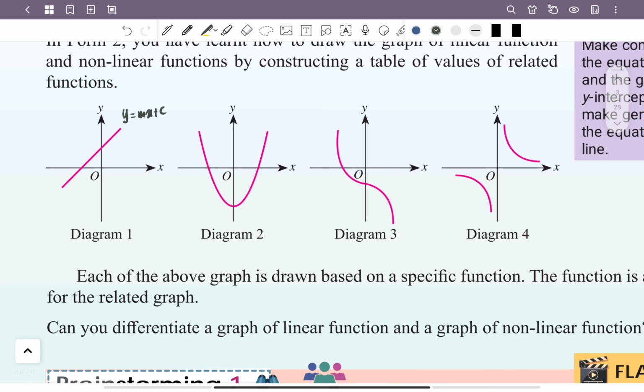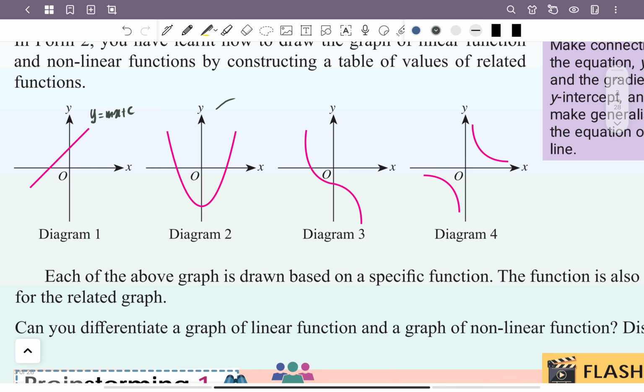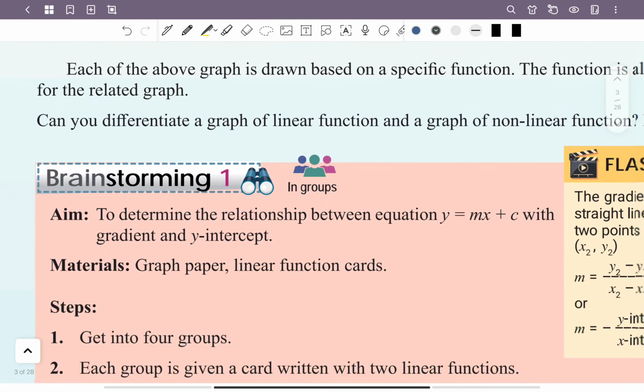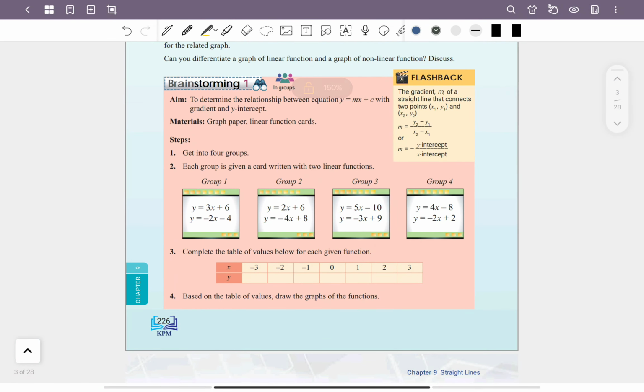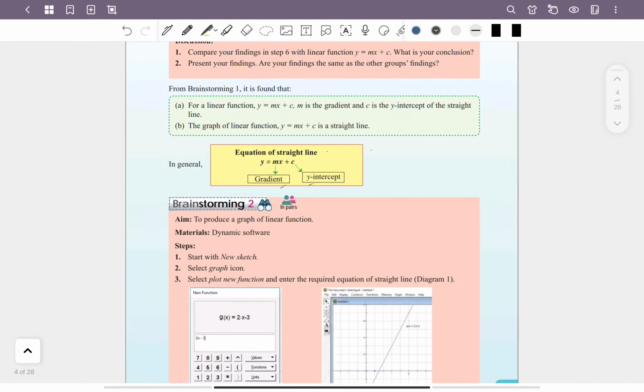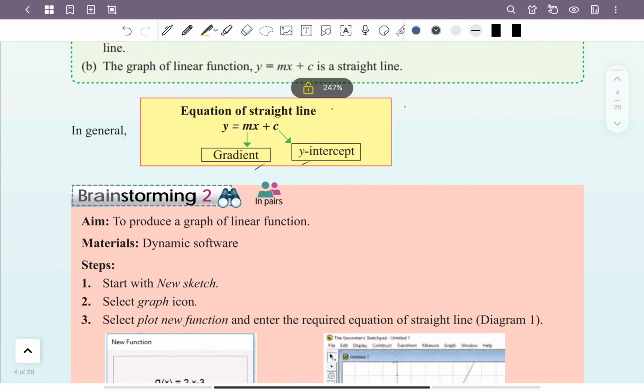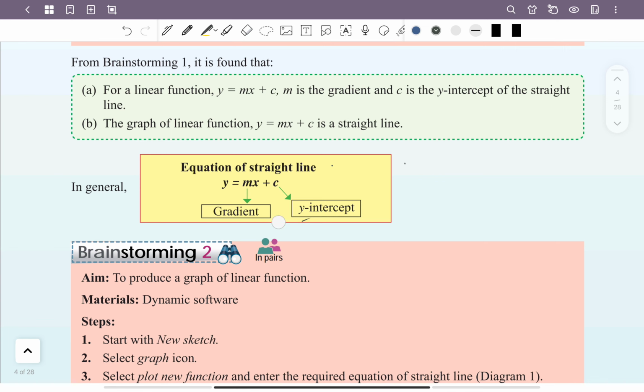This is what we call quadratic, which you will learn in Form 4. This one you will learn during college. So later you will learn about that, we focus on straight lines first. As you can see, this is the equation of a straight line, y = mx + c.